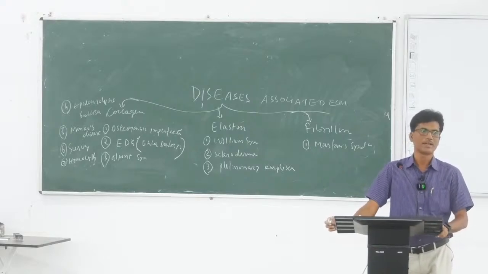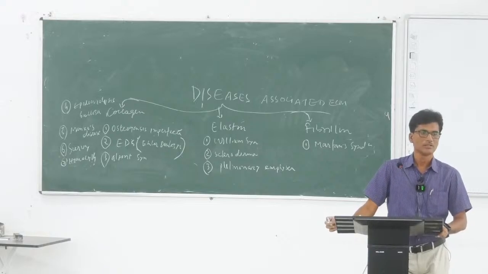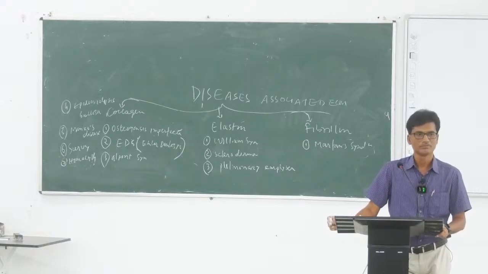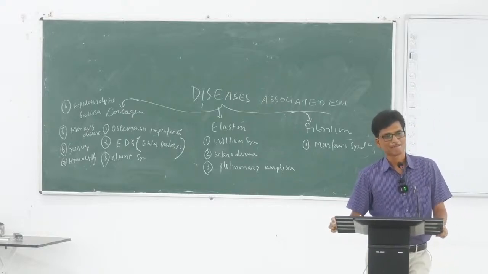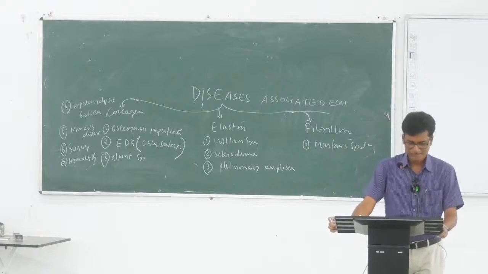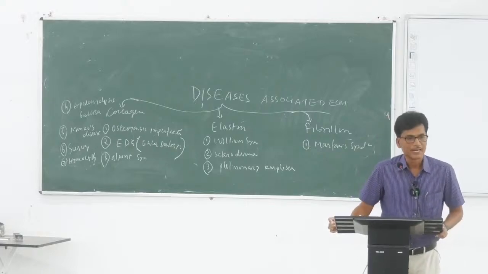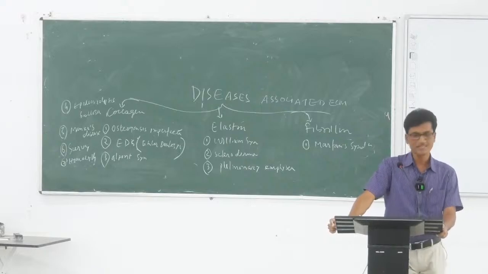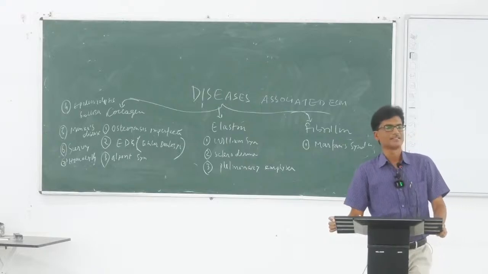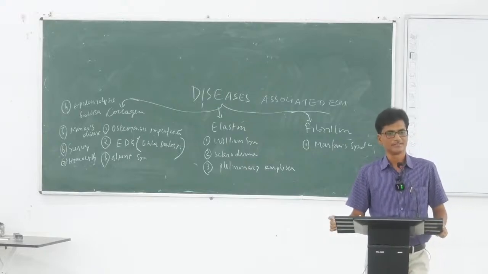The disease is characterized by hematuria. What is the meaning of hematuria? That ultimately leads to ESRD, end stage renal disease. Okay?